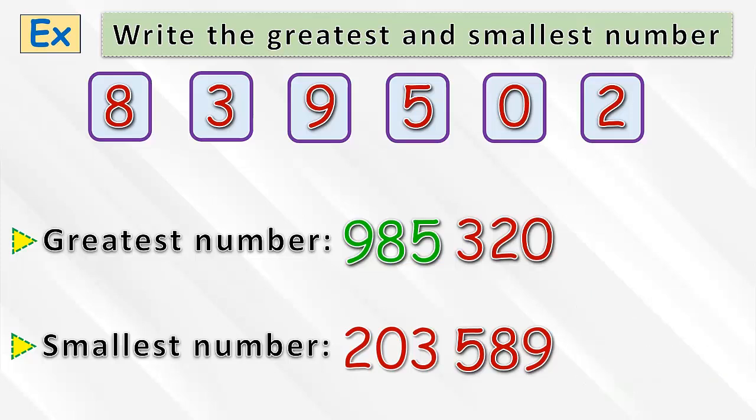Therefore, the smallest number made up of the numbers in front of us will be 203,589. As we have seen, if we form the smallest number from several numbers, and they include the number 0, then we must start writing the smallest number after the 0. And after that, write the 0 to the right.